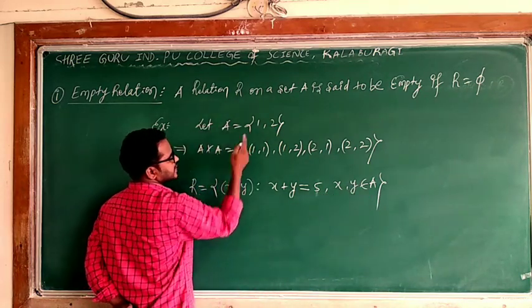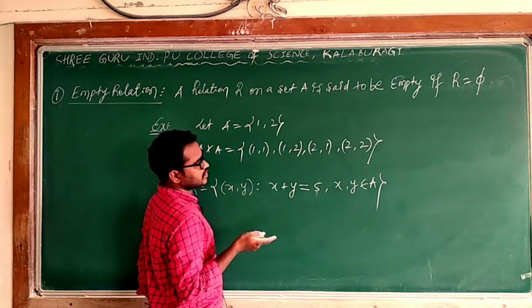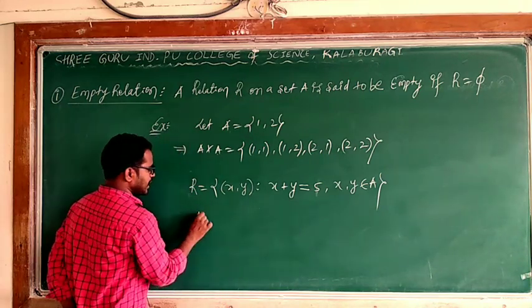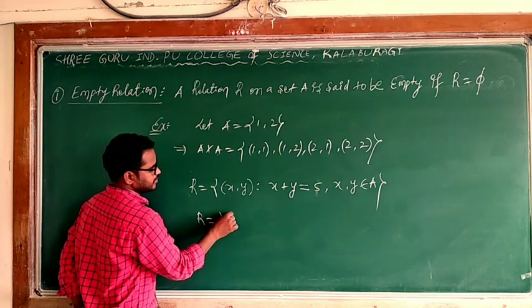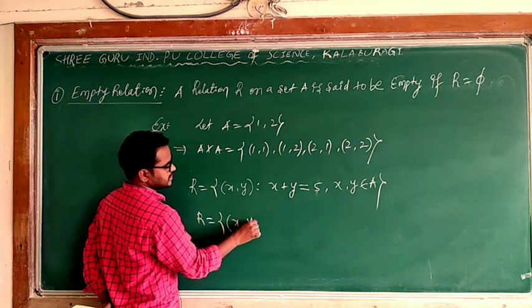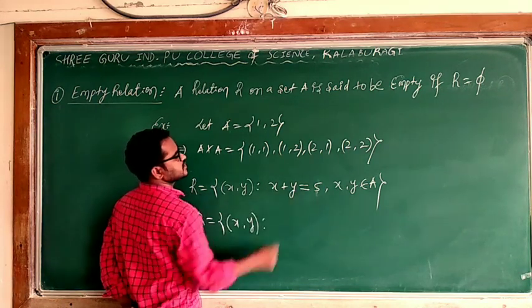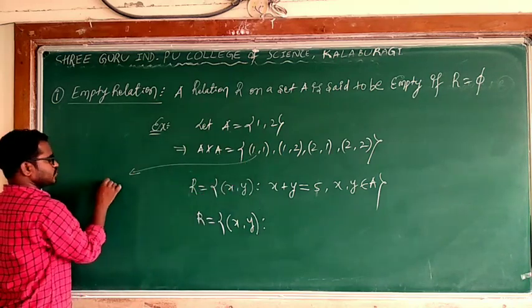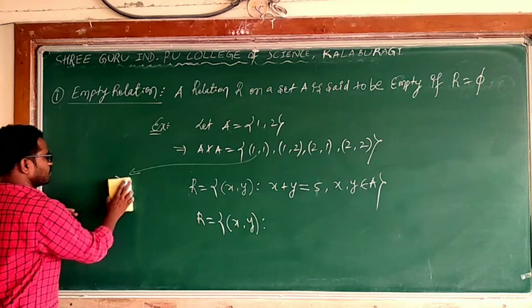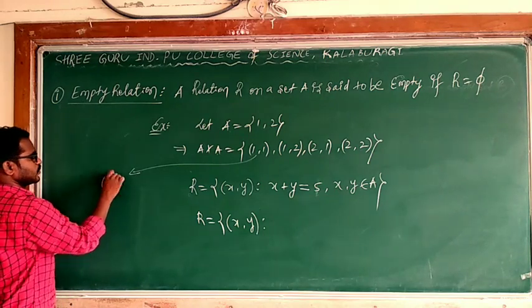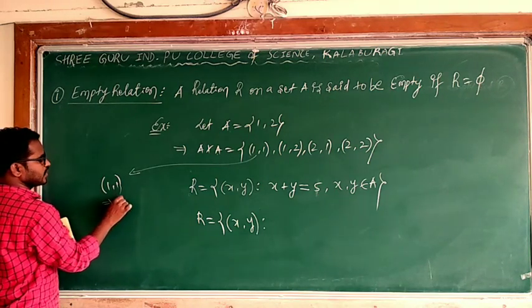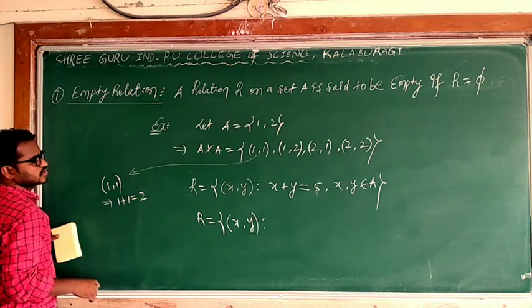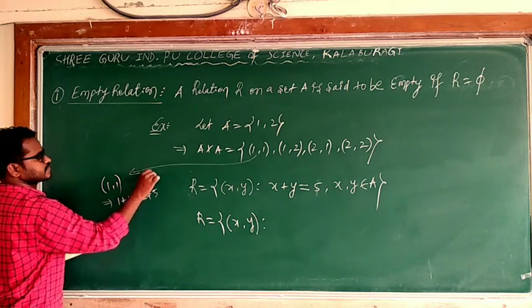So x may be 1 or 2, y may be 1 or 2. Is any pair possible? The first ordered pair is (1,1): 1 plus 1 is 2, which is not equal to 5.